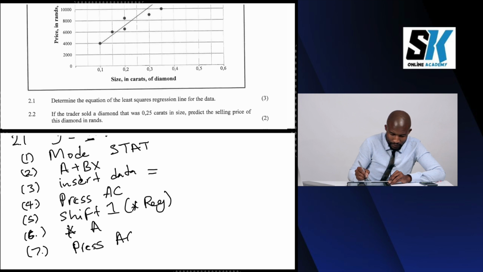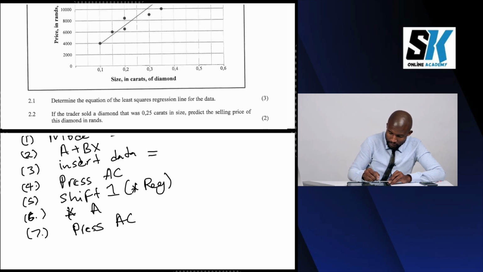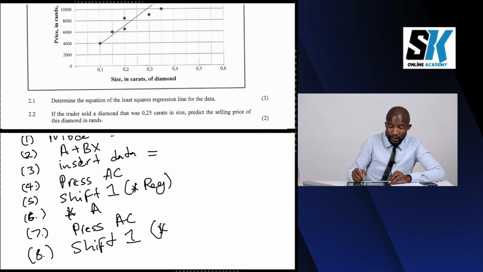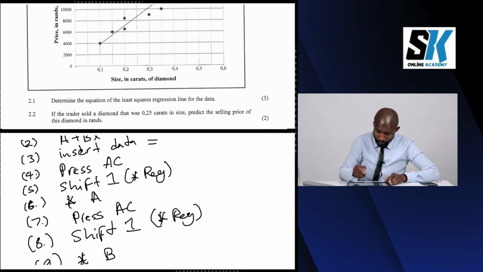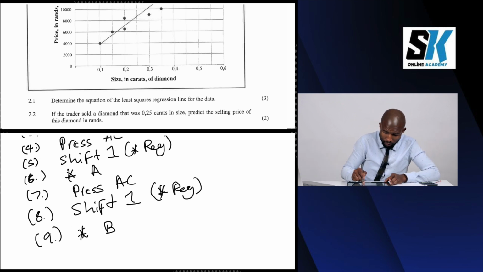And then now on option 8, you're going to say shift, then 1, and then you're going to choose option 1, which is regression again. And then on the last one, you're going to press B, which is where you get the value of B.